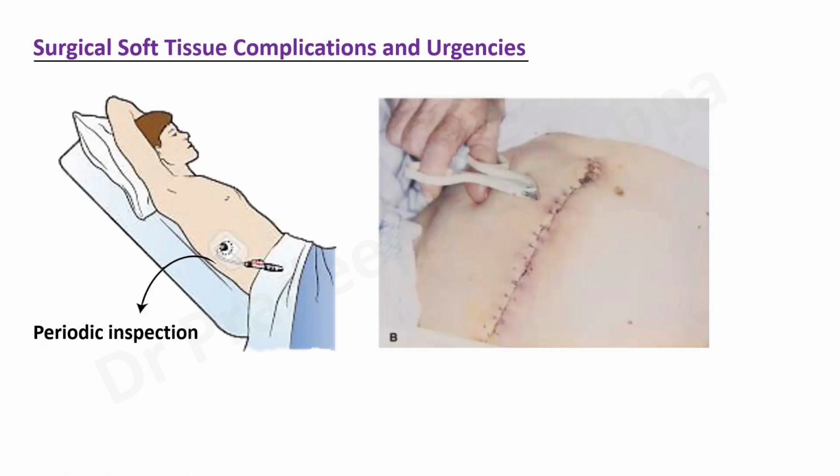So you would always be worried whether it is skin and soft tissue, and this is something that is done as a ritual by the surgical teams. They keep looking at the wound. This is very important in any patient who has undergone surgery: keep looking at the surgical site, removing the dressings, and keep looking at the dressings to see whether any infection is setting in.